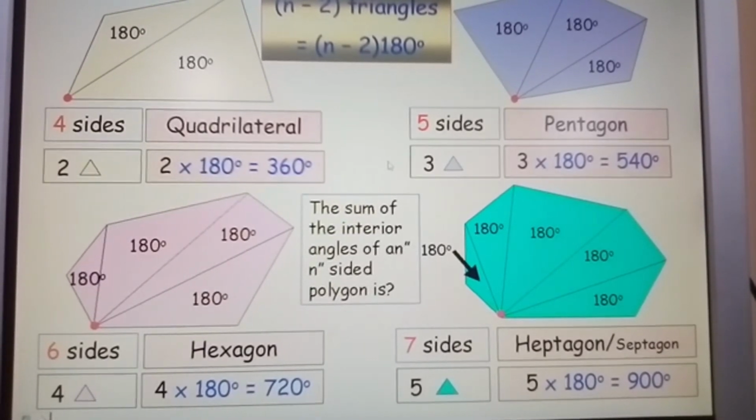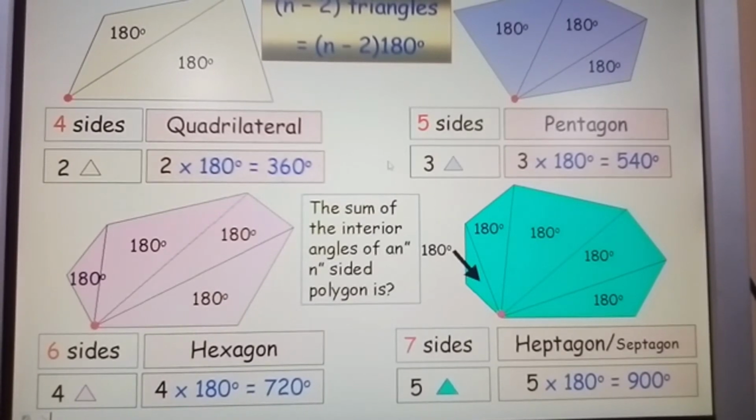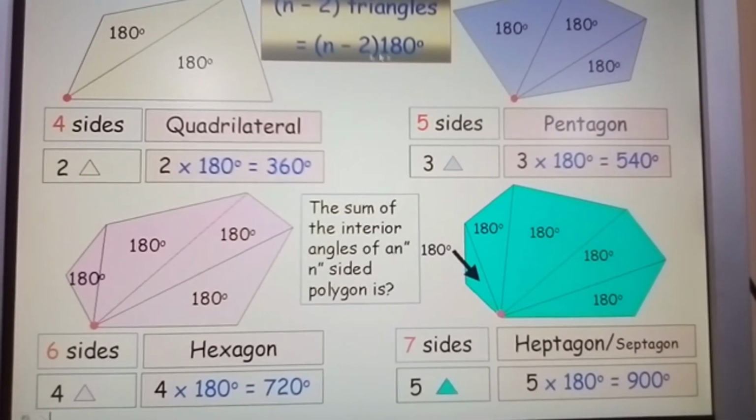And n simply represents that you can have any number of sides. So simply we're saying that this formula would work.